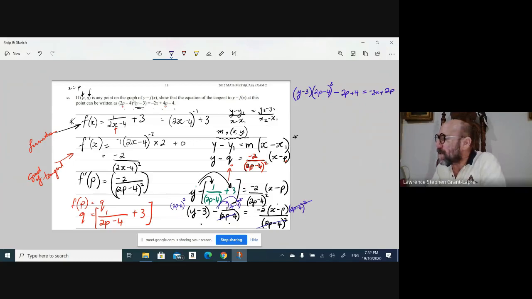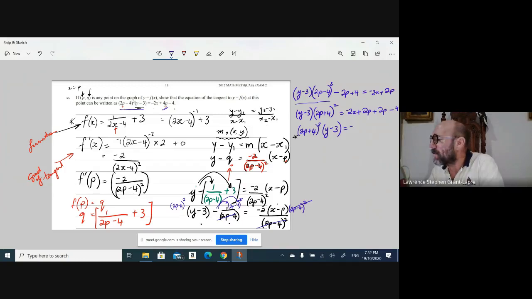Now this is good because this is on the left-hand side. We've already got that. If I leave this on the left-hand side, we've got our left-hand side the way we want it. Put everything over here: minus 2x plus 2p plus 2p minus 4. Then tidy this up, you'll see where the 4p comes from. I'll just put it in the order of our question, it's just commutative.